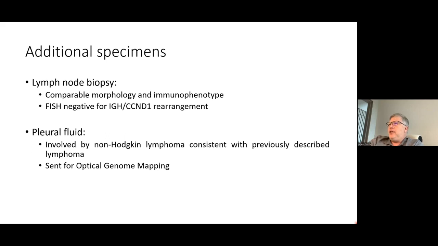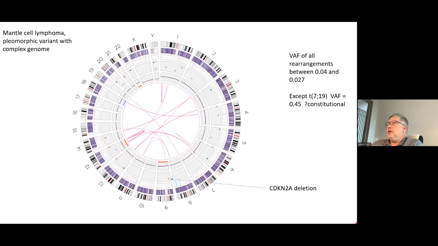And rather serendipitously, we were able to get a pleural fluid that was fairly heavily involved with this lymphoma, consistent with what was previously described. We got this sample into the lab, and it worked: we did a DNA extraction and were able to do optical genome mapping. And so that was the result.